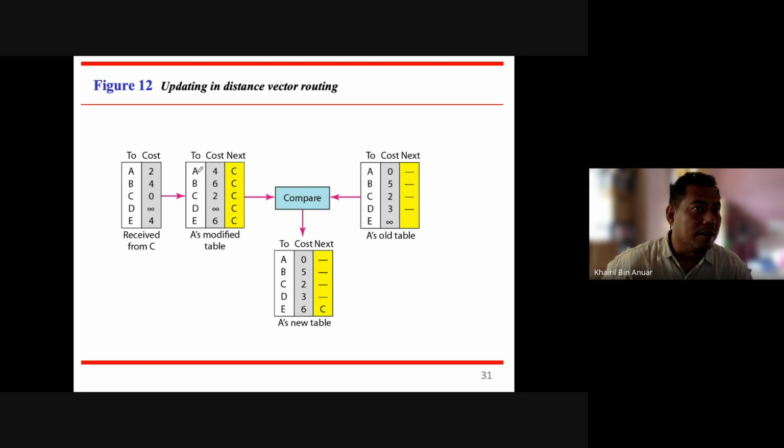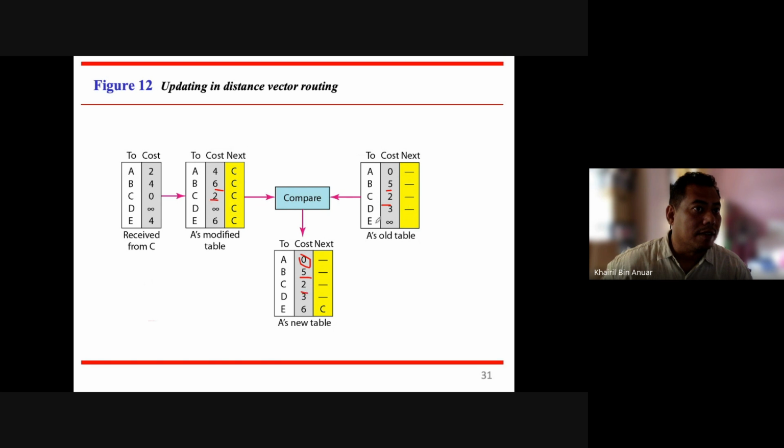Between A and A, the least cost is 0, so that is why it gives 0 over here. Then it compares B, 5 and 6. If you go through B it is direct, so the table maintains 5. Then it compares C, both are 2, but this one is direct, so it is maintained.